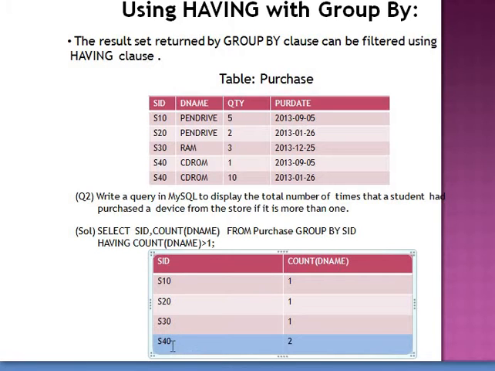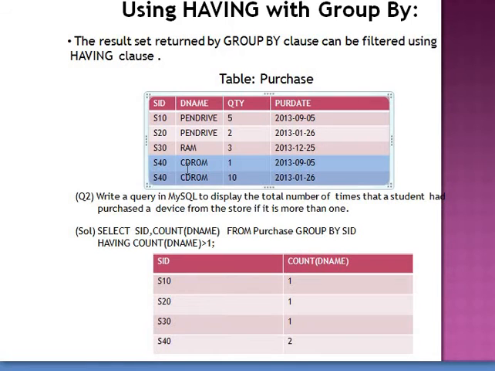So this is the only student who has purchased the device twice, and the device name is CD-ROM. First time purchased on this date and second time purchased on this date.